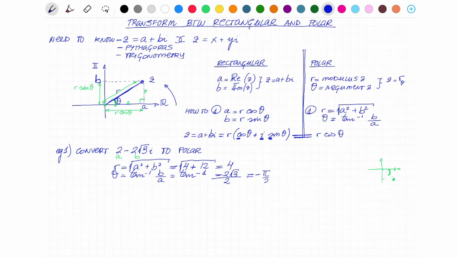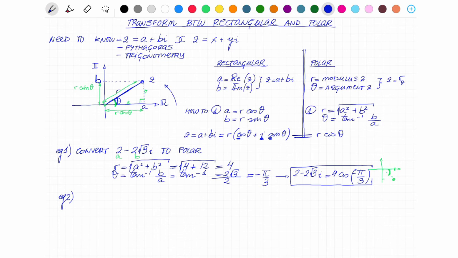If you do that, that gives you minus pi thirds. So we've got it all. So I can come here and say that 2 minus 2 square root of 3i is the same as 4 cis of minus pi thirds. We've got the first one. Let's box it so we can find it.